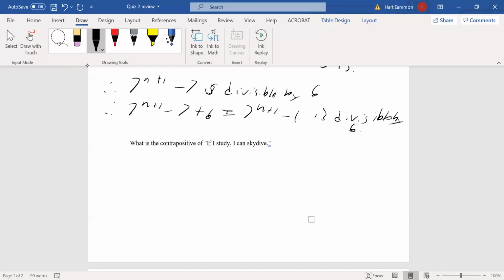So we have P implies Q, and the structure of the contrapositive is not Q implies not P. So this guy right here is Q, and this guy right here is P. I didn't put a then there, but you can imagine that there's a then there. It's the same meaning.